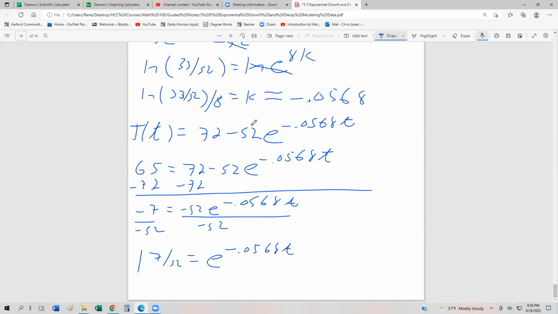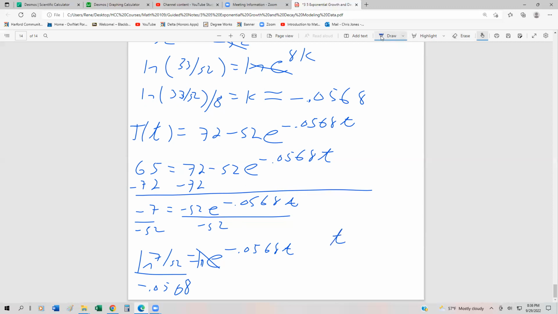We can take the natural log of both sides, right? Just like we've done lots of times. ln's and e's cancel each other. We're going to divide by the negative 0.0568. All right. And mercifully, this is the last time we'll have to put this into our calculators, at least in this video series. And we'll be able to solve for t.